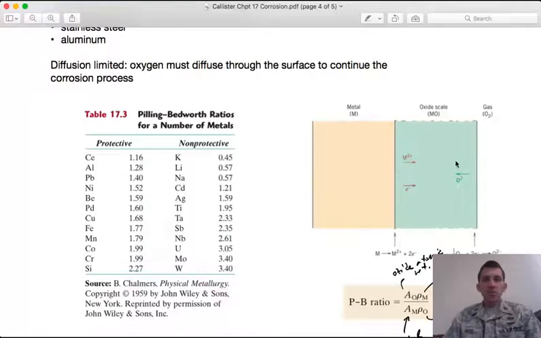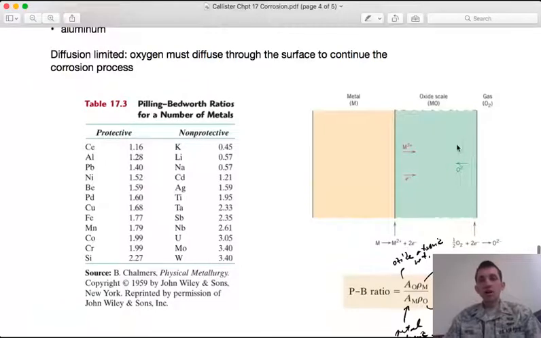In order for oxidation or corrosion to continue as I grow the oxide film, I have oxygen at the surface, then the passivating film, and then the underlying metal. If this oxide layer remains in place, as it gets thicker, the oxygen from the surface needs to diffuse farther and farther through this layer to reach the interface to continue to grow the oxide.